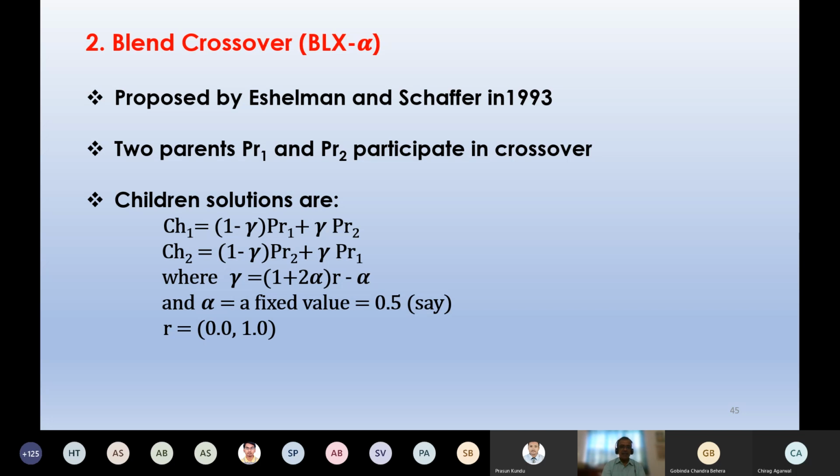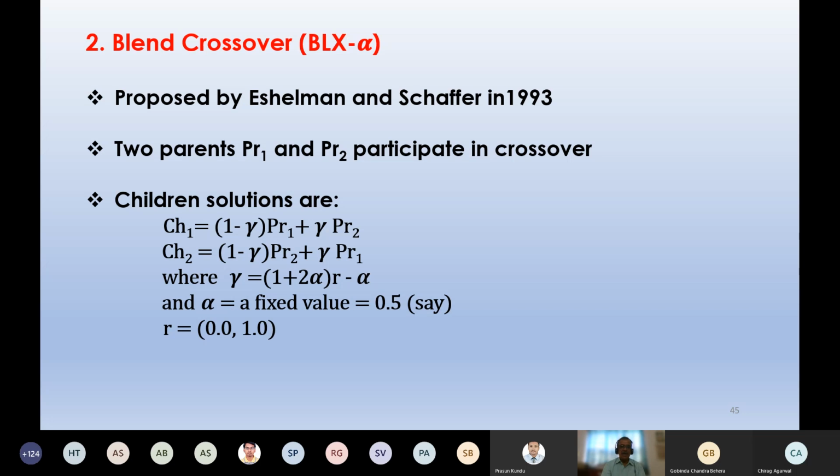What is gamma? Gamma is nothing but 1 plus 2 alpha multiplied by R minus alpha. And that is why this is BLX alpha. Now this alpha will have some fixed value, say 0.5. So this is popularly known as BLX 0.5 or BLX alpha. Here I am considering alpha equal to 0.5.